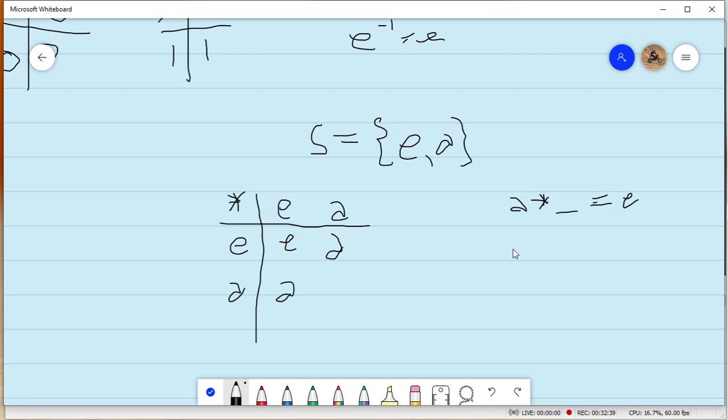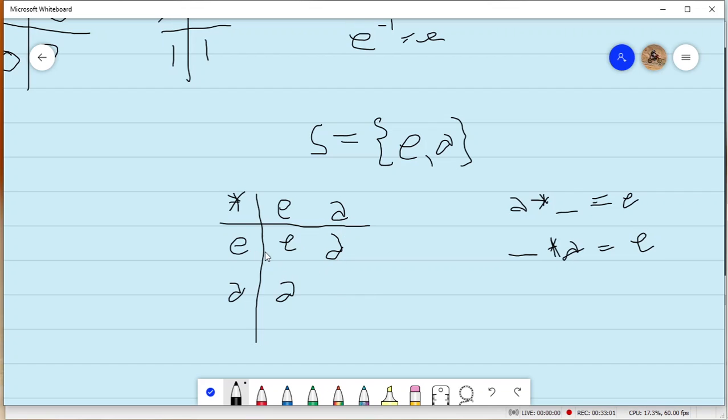And since there should also be something operated to A so that the result is E, E should also be in the column containing the element A.